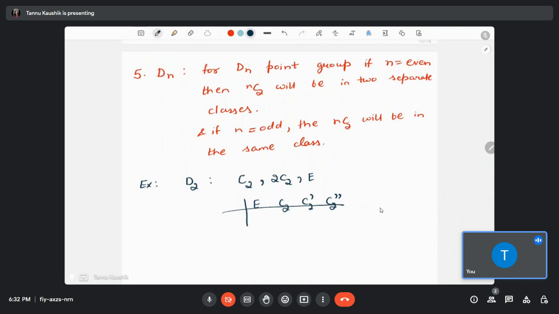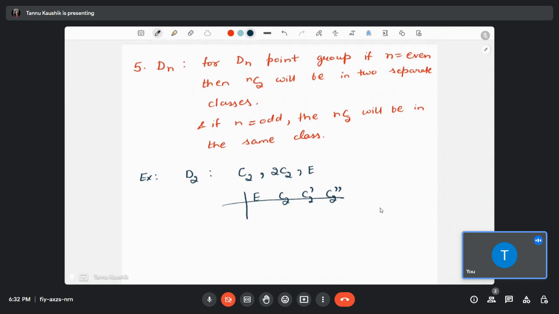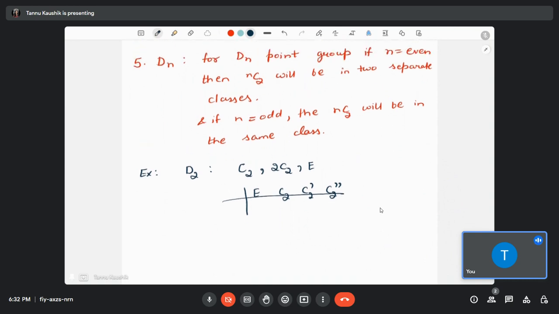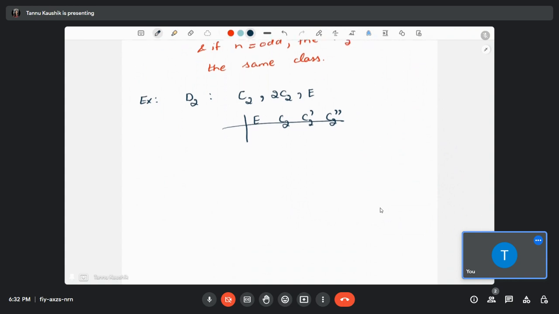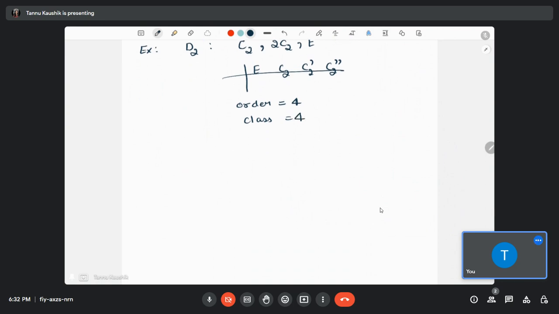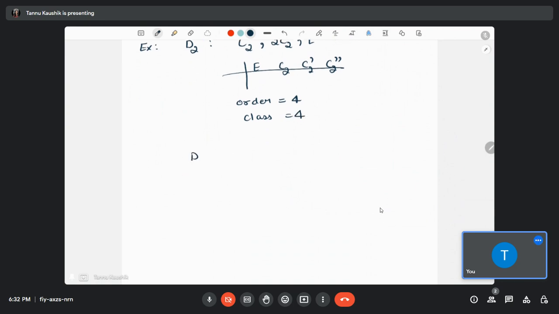Since n is 2, which is even, each of the C2 axes of rotation will be in a separate class. So here the order is 4 and the number of classes is also 4.